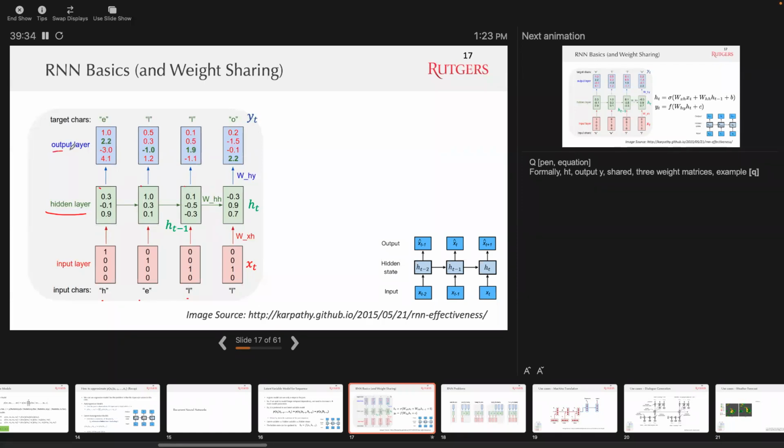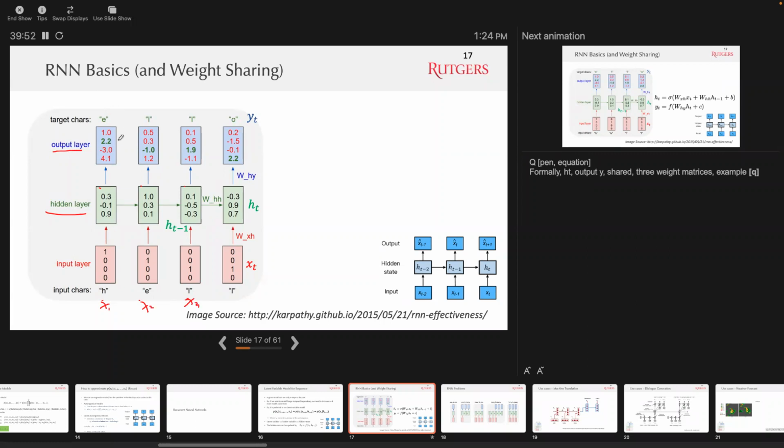And this is the output layer, y1, y2, y3.